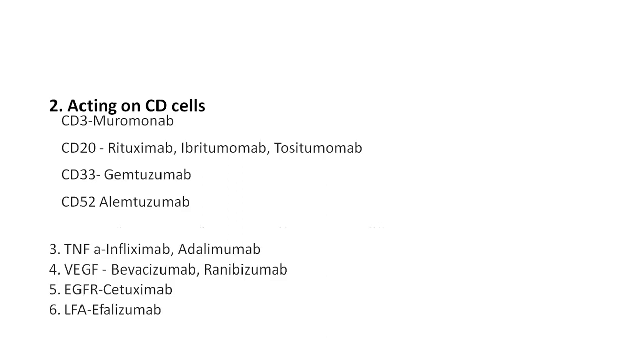Coming to drugs acting on CD cells. On CD3, muromonab. On CD20, rituximab, ibritumomab. I have told you, the suffix umab means completely human. On CD33, gemtuzumab. On CD52, alemtuzumab.